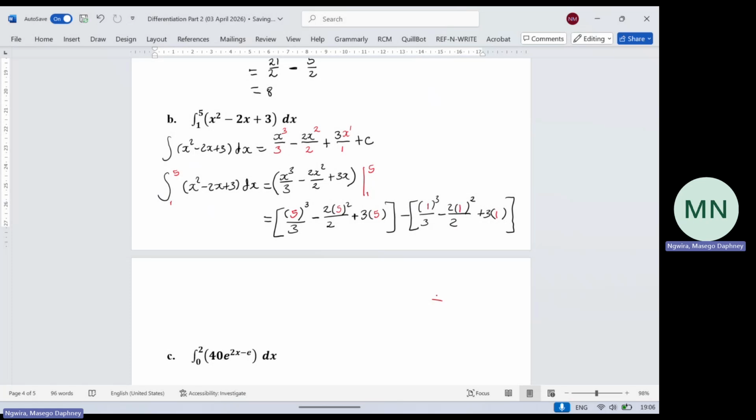Now we can use our calculator. So I have 5 to the power of 3 over 3, and then minus.